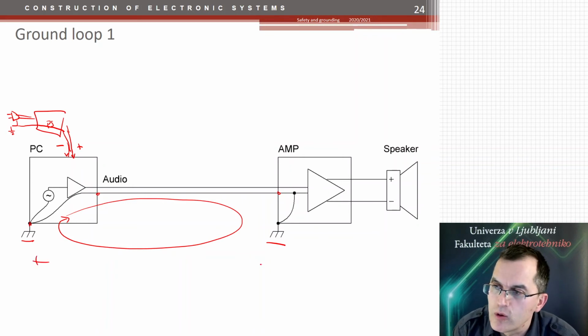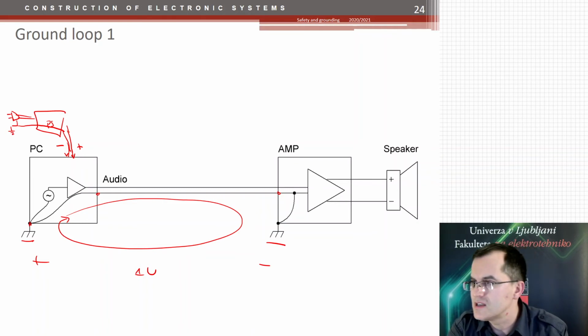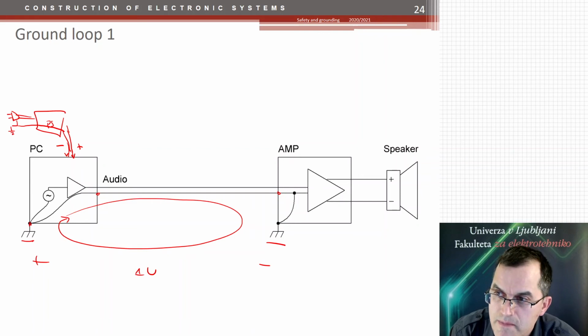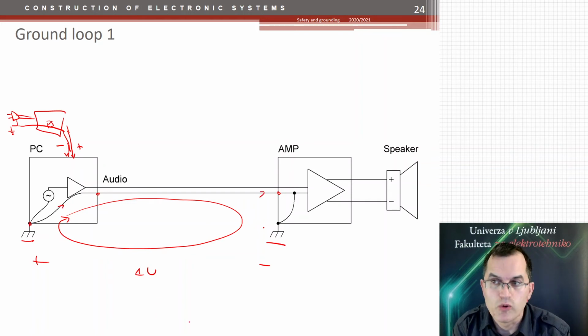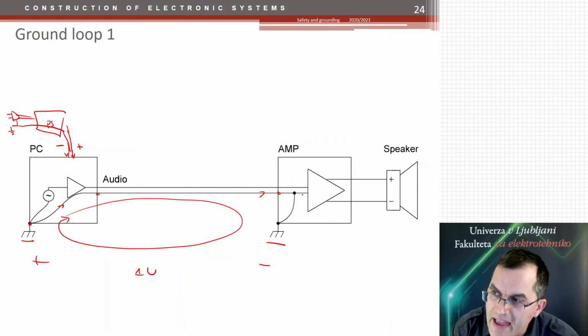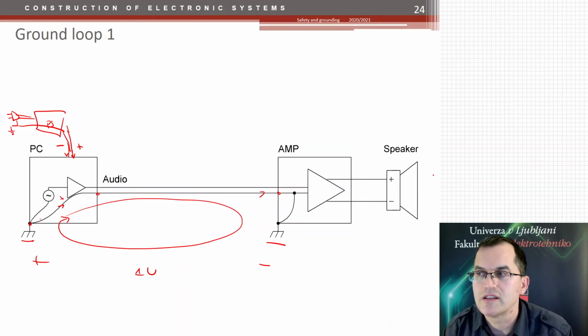So we have a voltage difference between these two grounding points, which contains all kinds of noise, from DC to the megahertz range. So that noise flows through the audio cable as well, and it adds up to the signal, and it's then amplified by the amplifier, and you hear all that noise in your speaker.